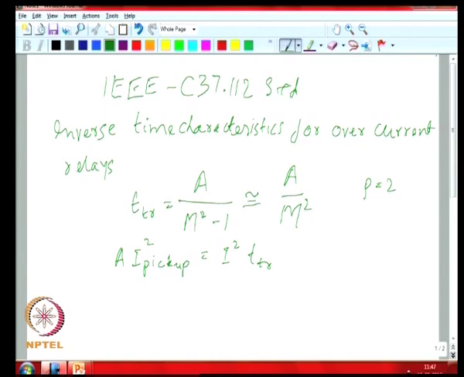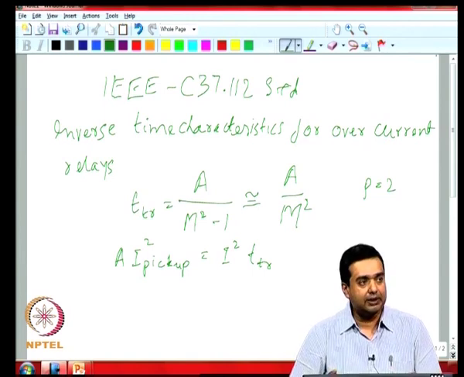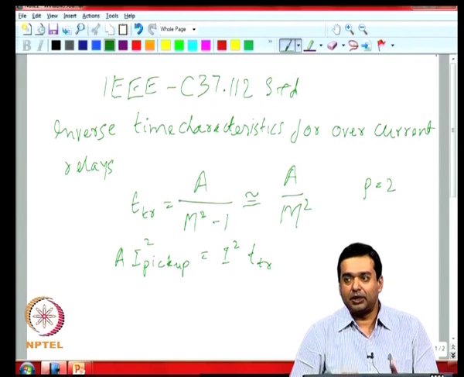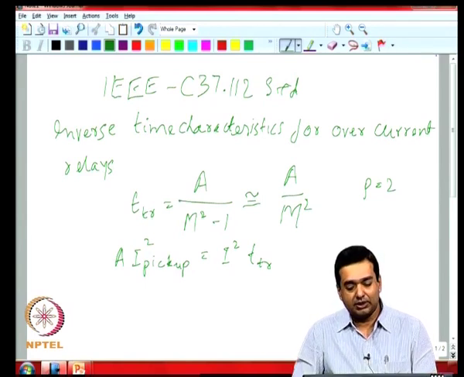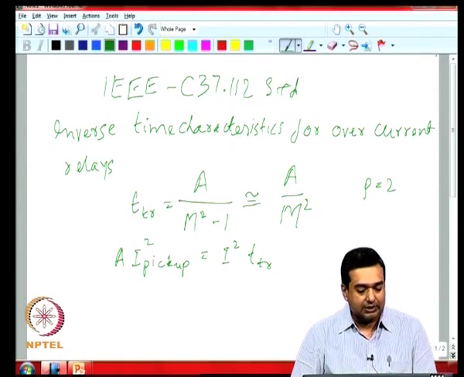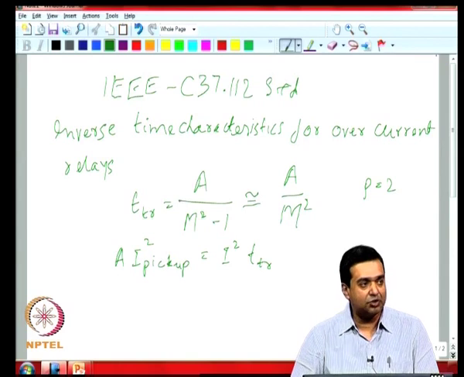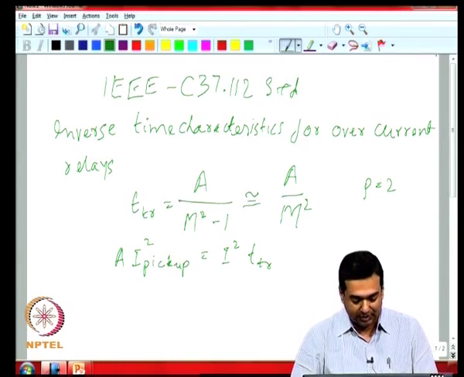Okay. So, essentially in a fuse, your I square R T represents the energy that is dissipated in the fuse. So, you end up requiring time depending on the amount of energy that is deposited in the fuse. So, this sort of characteristic with p equal to 2 for small values of b is similar to that of a fuse.